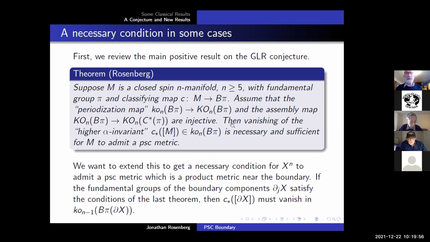Basically, because the boundary is the union of its boundary components. So its fundamental groupoid is the union of the fundamental groupoids of the individual boundary components. So its classifying space, which is only defined up to homotopy anyway, you might as well just take the disjoint union of the classifying spaces of the fundamental groups of the various boundary components.